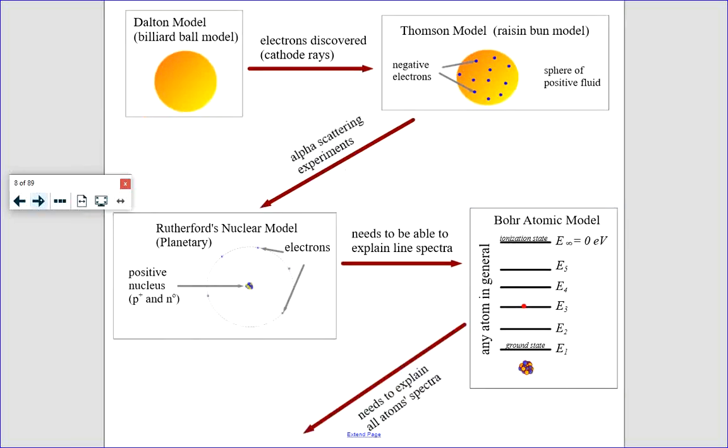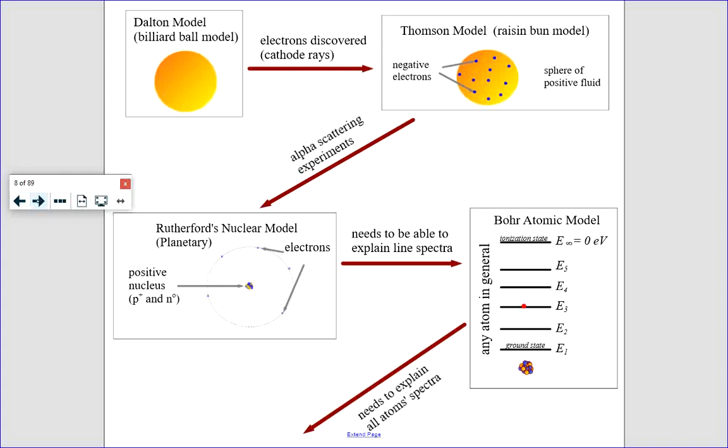However, that atomic model is only successful in predicting energy levels for hydrogen atoms, or what we call hydrogen-like atoms. In other words, all of those atoms that are in the group 1A of the periodic table. So hydrogen, lithium, sodium, potassium, rubidium, cesium, and francium.